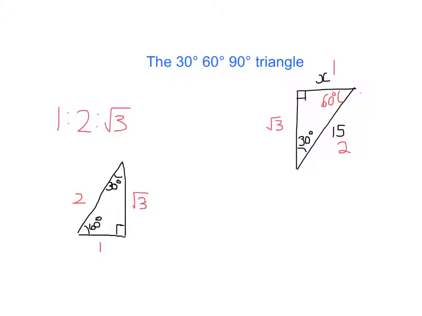Okay, so now I can see that the ratio of side x to 15 is actually 1 to 2. So therefore x must be 7.5 units. I think in this case we're talking centimetres.